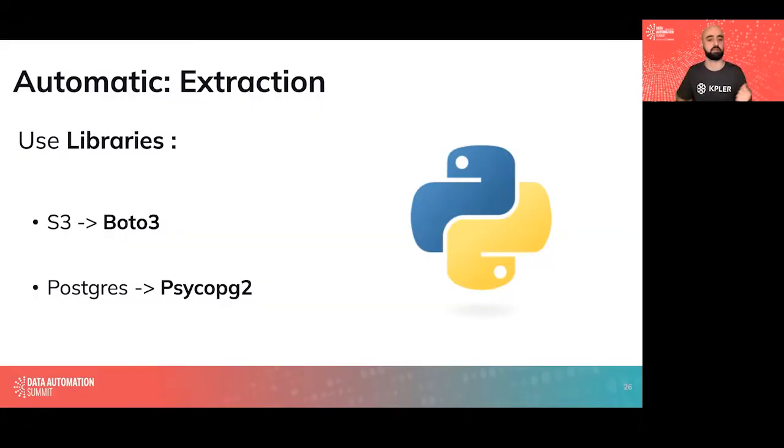So if you use Python, there is, for instance, the Boto3 library that can help automate the extraction of S3 data. And for Postgres, there is the Psycopg2 library that can automate the queries to the relational database. If you have a NoSQL database, it's not going to change much. It's just a different library.